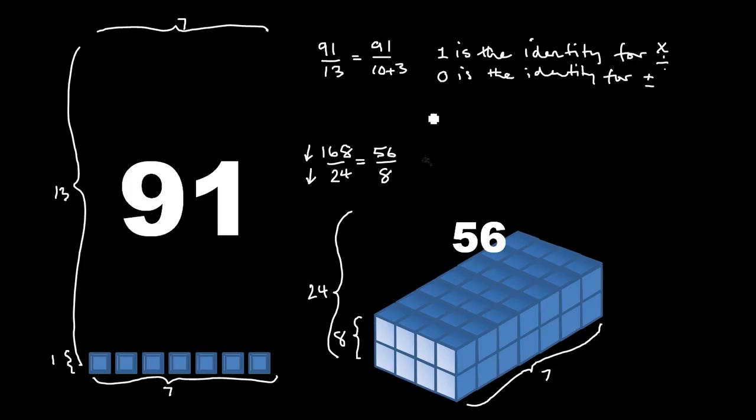Now this is the same as saying for addition and subtraction, the identity is 0. So 0 is the identity for addition and subtraction.